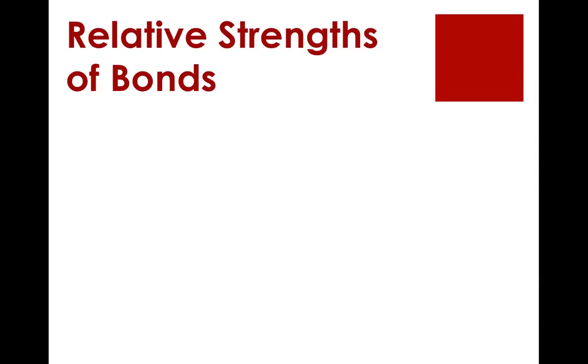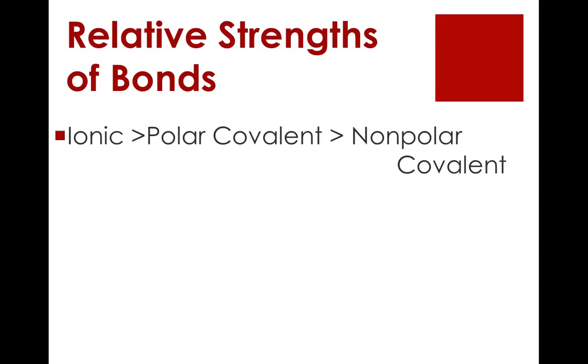Okay, so here are the relative strengths of these bonds, because we need to know which ones are stronger than the others for, let's say, testing purposes or in life. We just need to know this. So obviously, in normal bonds between two atoms, ionic are the strongest. They're stronger than polar covalent, and then polar covalent are stronger than non-polar covalent.